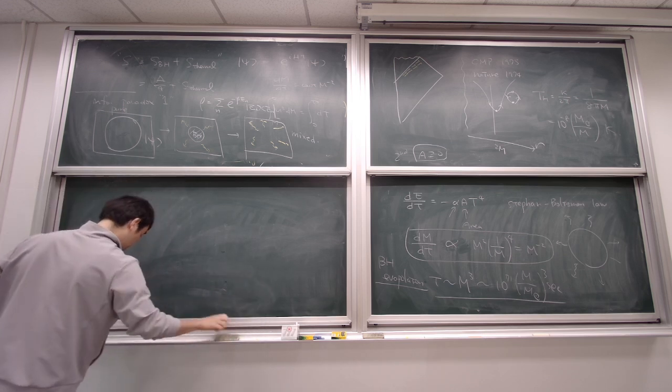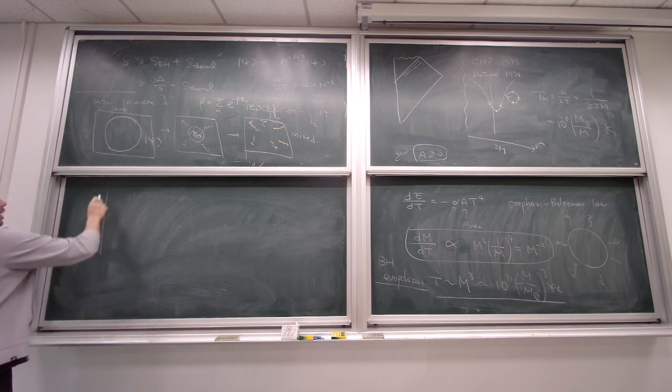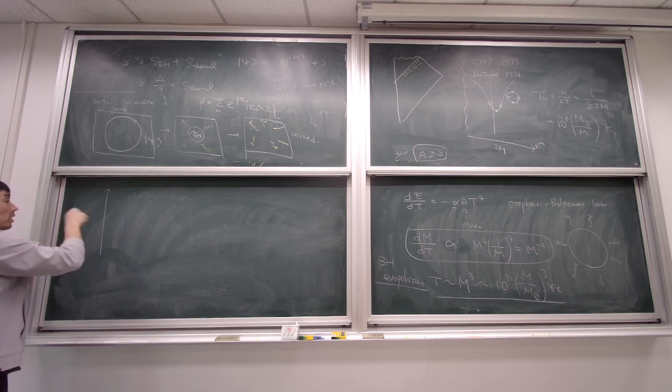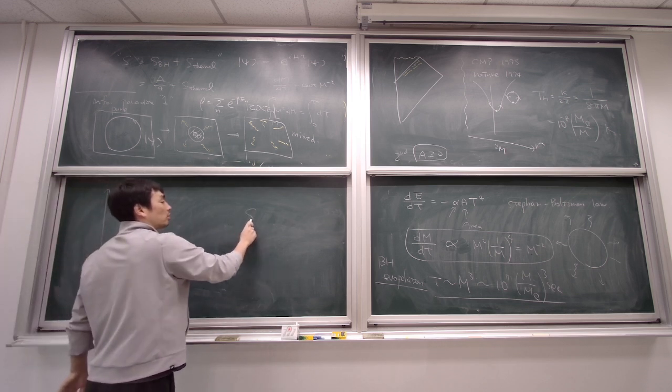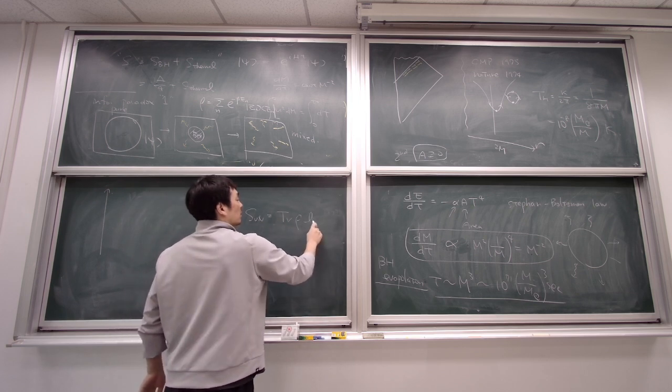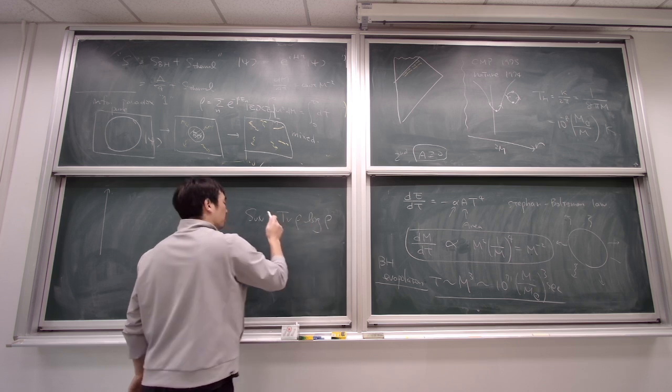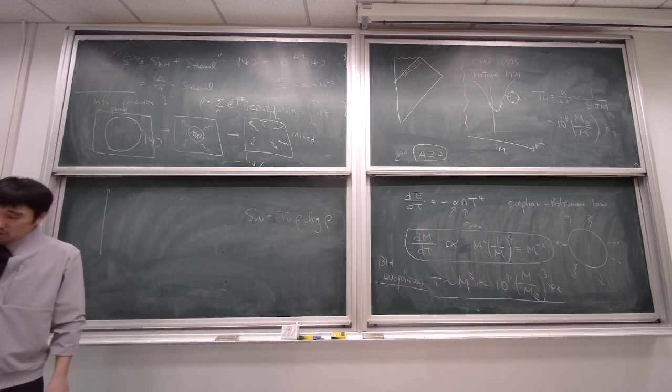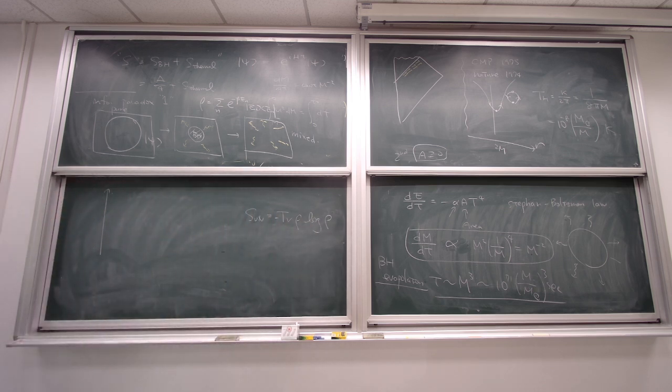There is the so-called von Neumann entropy. I will explain the meaning of this trace of rho, where rho is a density matrix. You just consider the von Neumann entropy of the black hole.